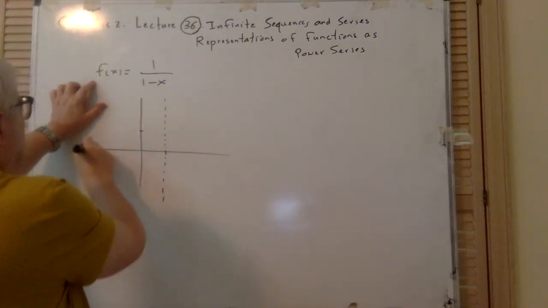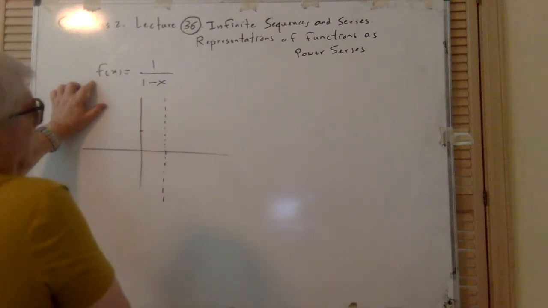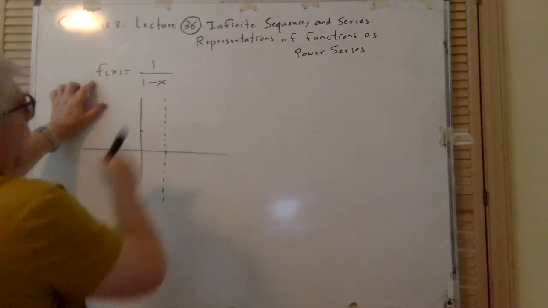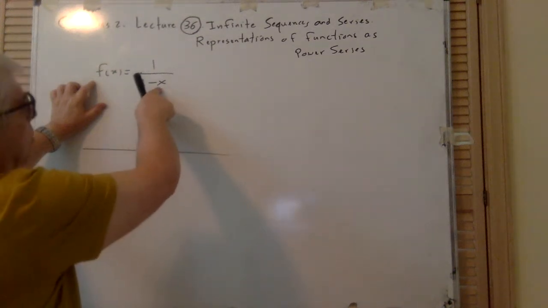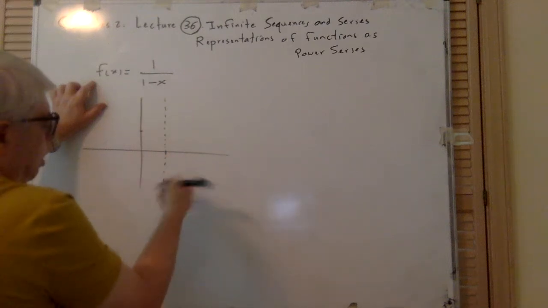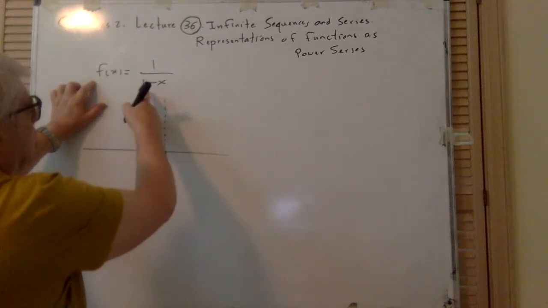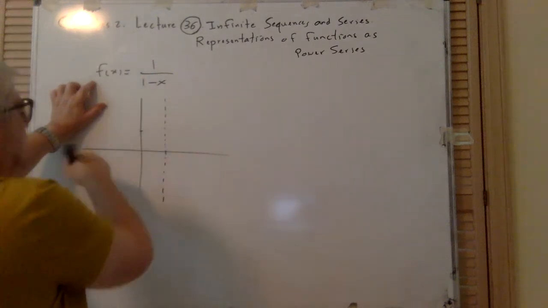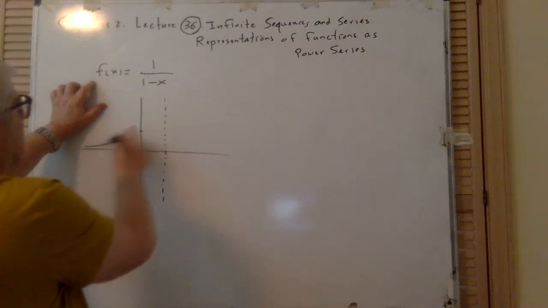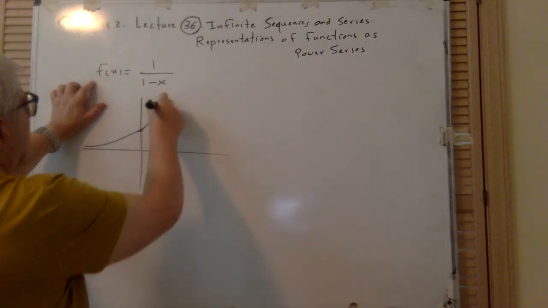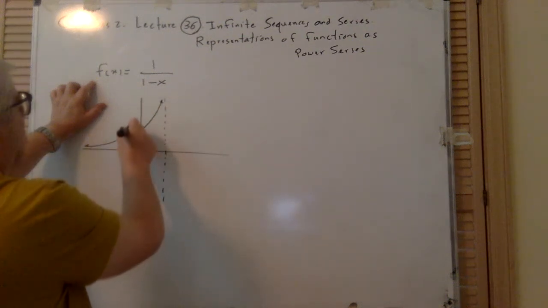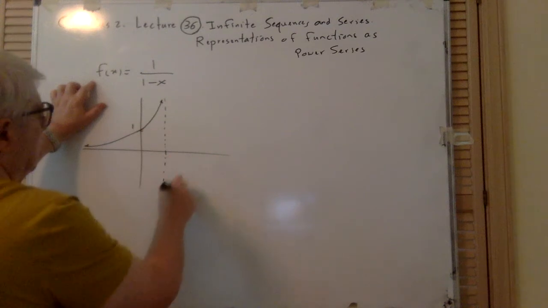Also as x goes to infinity it is negative, below 0, and at negative infinity it is above 0, so it looks like this.